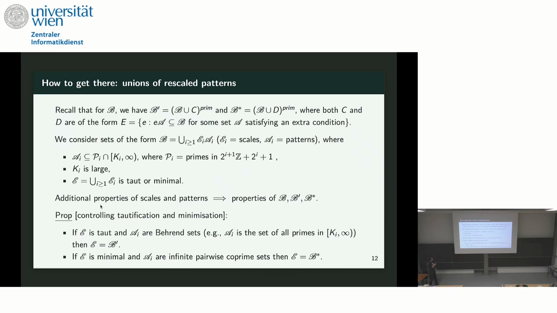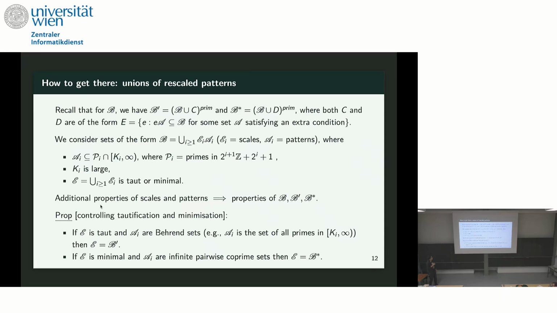This E is the set of all elements such that a rescaled copy of some set A satisfying extra conditions sits in B. So we'll consider sets that are unions of E_i times A_i, where we think of E_i as scales and A_i as patterns.